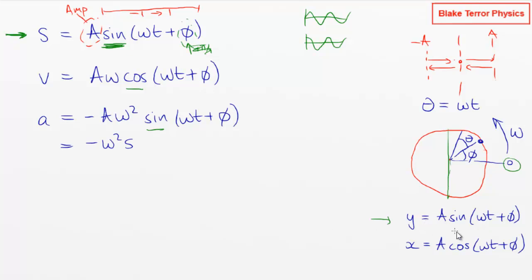And it's giving us the meaning now of everything that's in this equation. So the amplitude here, A, is the radius of the associated circular motion. So that's our radius. This omega is the angular velocity of the circular motion. And then the omega t plus phi bit, which we're taking the sine of, that is equal to what's known as the phase.